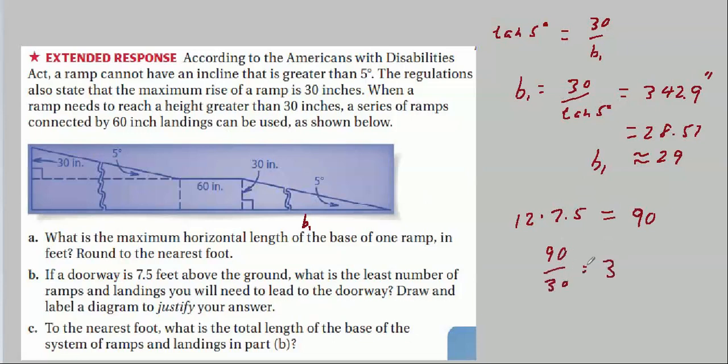Well, with 3 ramps, that'll produce 2 landings in between, right? We don't need a landing at the last ramp, and we don't need one in front of the first ramp. We only have to put landings in between. So if we got 3 ramps, there will be 2 landings. One after the first one and one after the second ramp. And that'll be it.